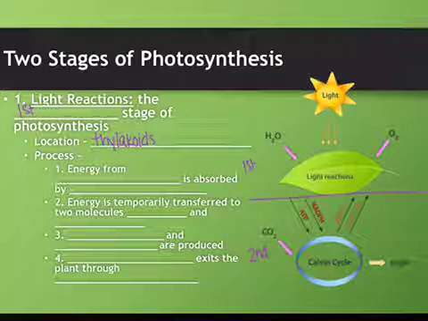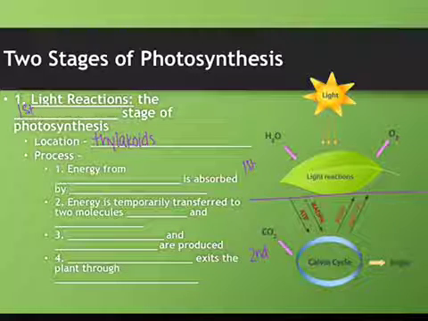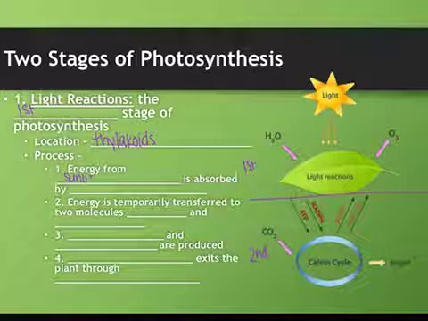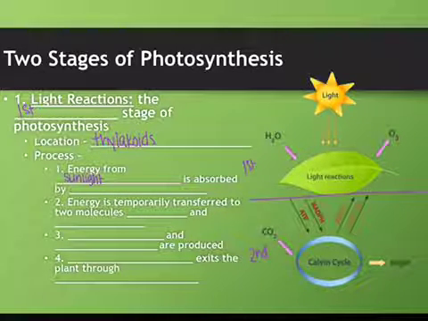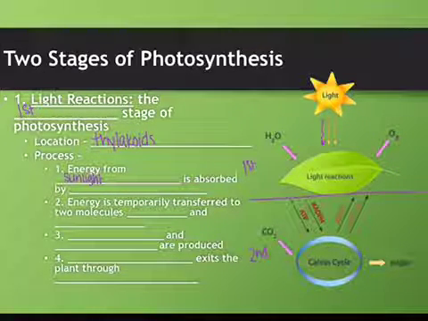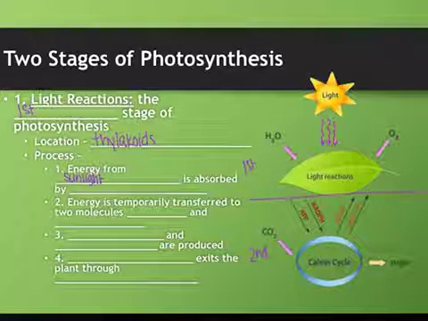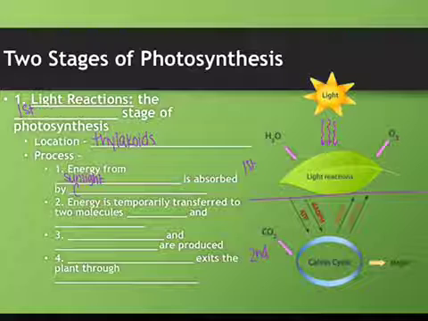The process of the light reactions is first, energy from the sunlight is absorbed. So notice how we have the sunlight going into the leaves. And this gets absorbed by the chlorophyll.